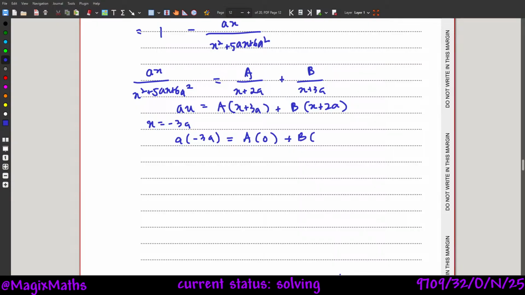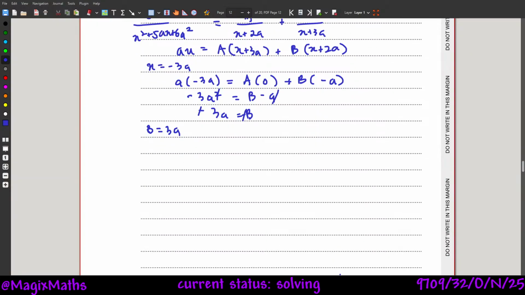So x equals negative 3a. We have negative 3a equals A times 0 plus B times negative a, since negative 3a plus 2a is negative a. So negative 3a squared is equal to B times negative a. Cut that, so we have negative 3a equals negative B, and B is equal to 3a.